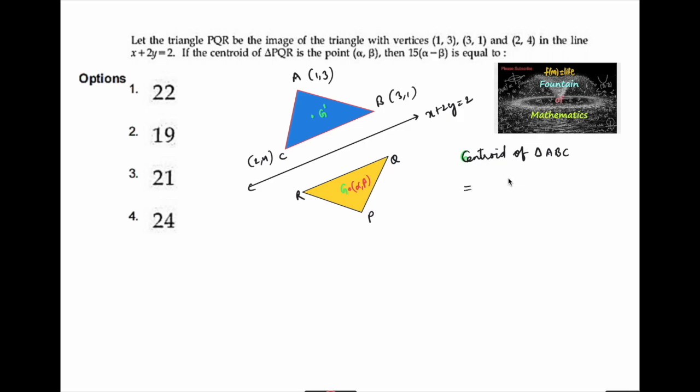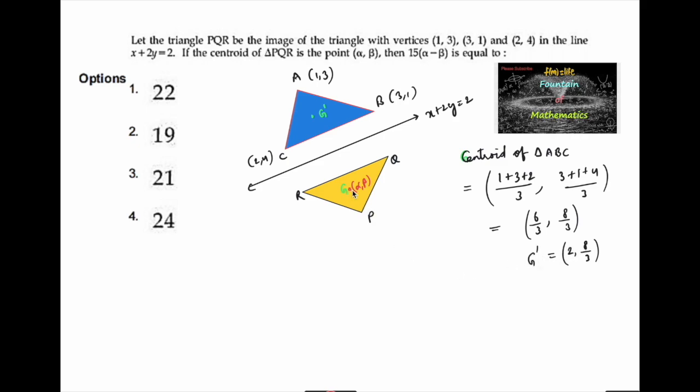Centroid of a triangle is x1 plus x2 plus x3 by 3, y1 plus y2 plus y3 by 3. So we can write 1 plus 3 plus 2 divided by 3, and the y coordinates 3 plus 1 plus 4 divided by 3, which is equal to 3 plus 3, 6 upon 3, comma 3 plus 1 is 4, plus 4 is 8 upon 3. So we can write 2 comma 8 upon 3. So 2 comma 8 by 3 is the centroid.